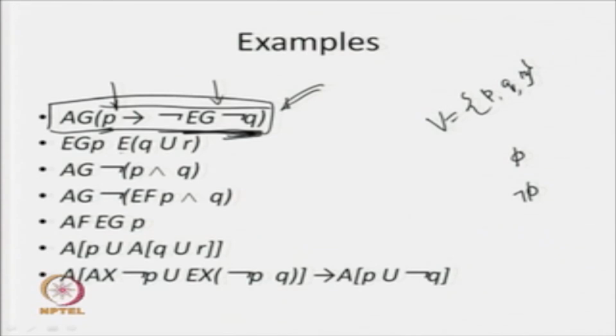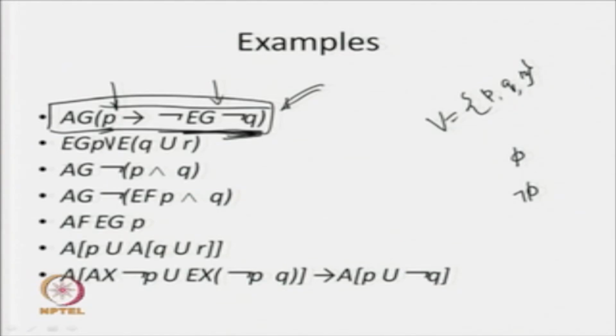E is a CTL formula, but it is not directly connected to it, because after P we have E. So, in that case it is not a CTL formula, but we can very well make it a CTL formula by putting some binary connective, or say a propositional connective. If I say that this is an OR, then it becomes a CTL formula.